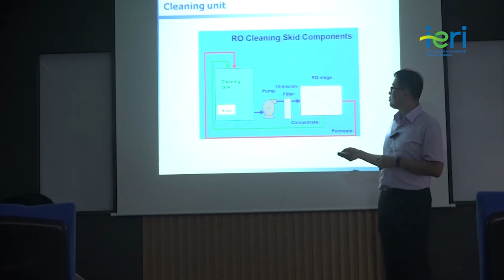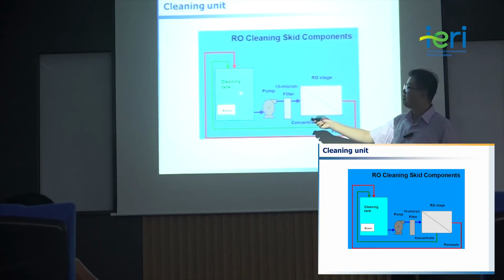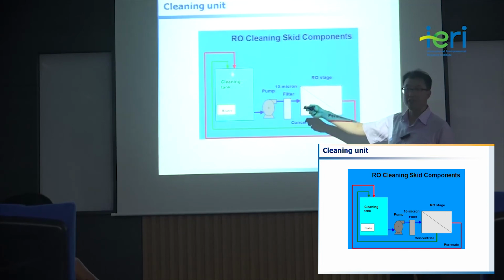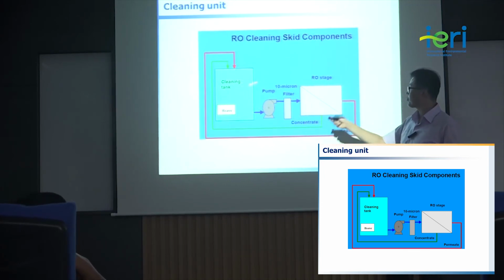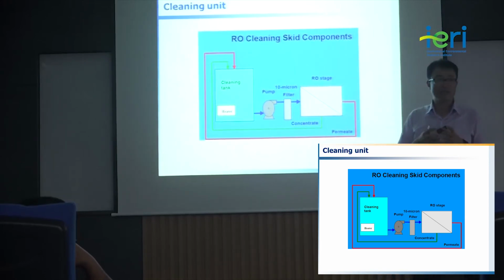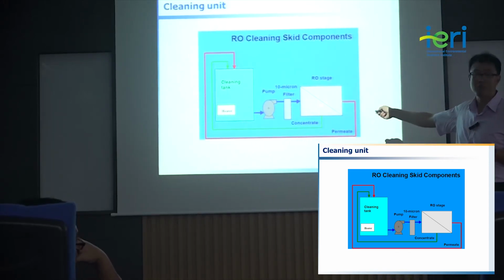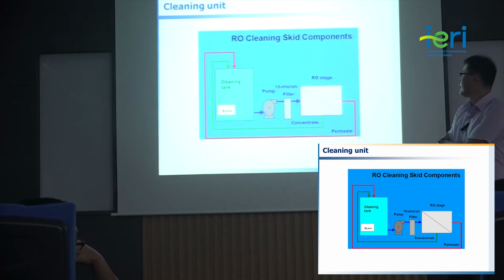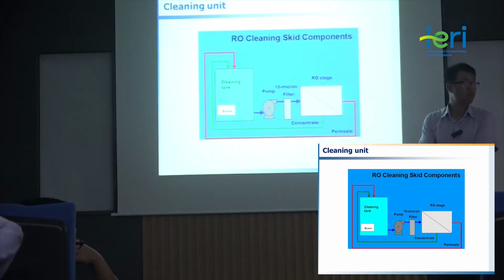So in here, the chemical is input to the cleaning tank and cleans the membrane system, and this filter is used to collect some dirt from the membrane. And the heater is also very important.